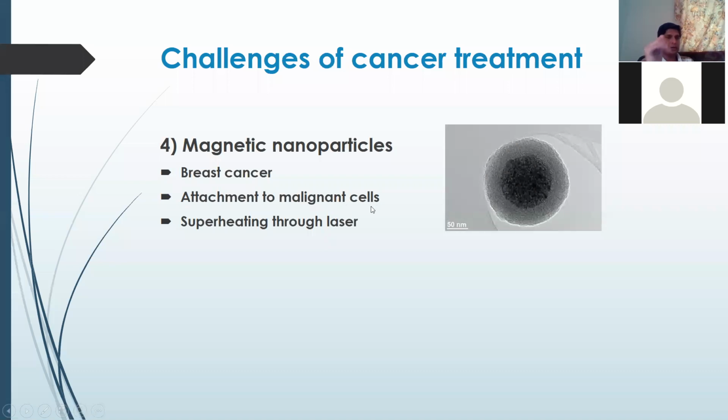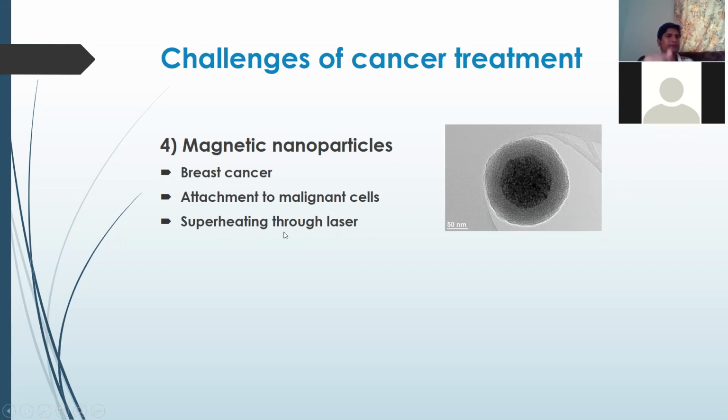What they are going to do is, due to their magnetic properties, they would specifically attach to the surfaces of the cancerous tumors. So they would attach to the surfaces of the cancerous cells. Once they are attached, they could be heated by using the laser, and they could be superheated.